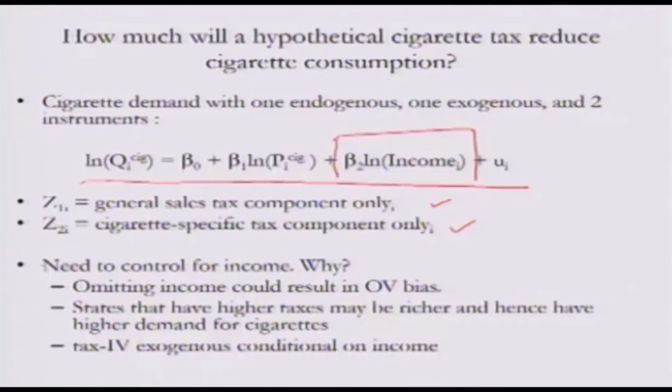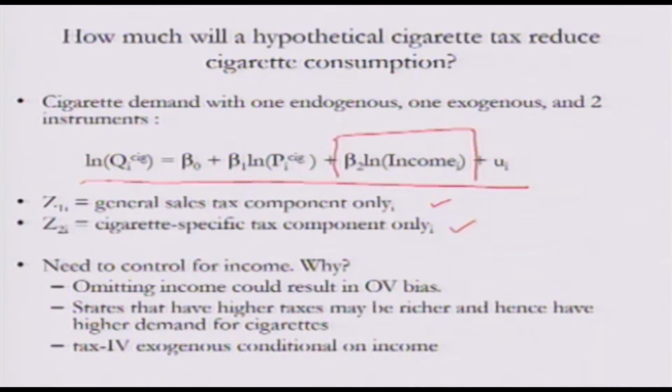So now we come to the question, why do we need to control for income? Remember that omitting income in this case means that the taxes that you consider are likely to be correlated with income, because usually states that have higher incomes are also likely to have higher taxes.